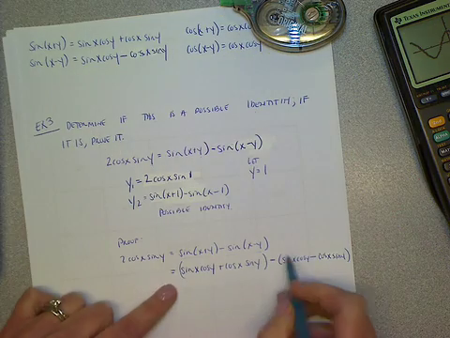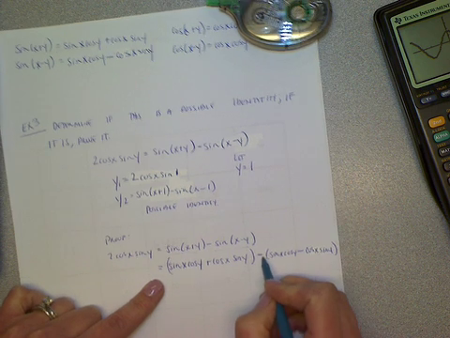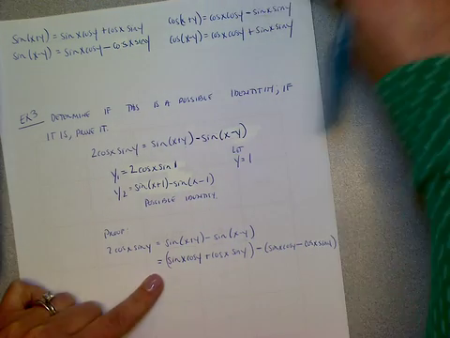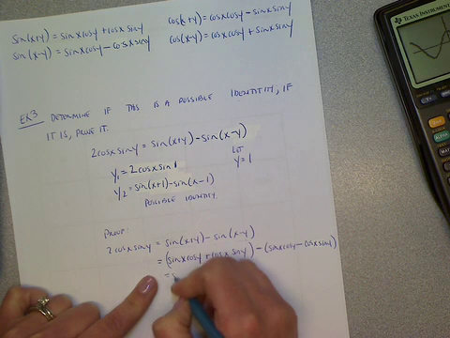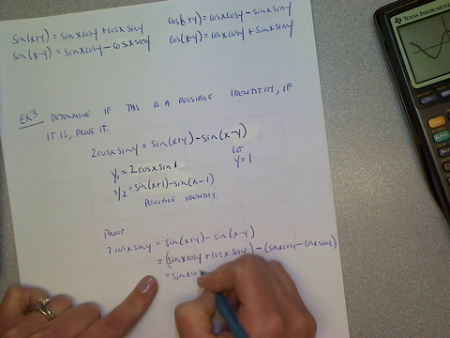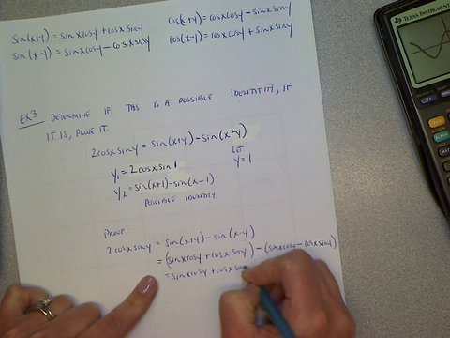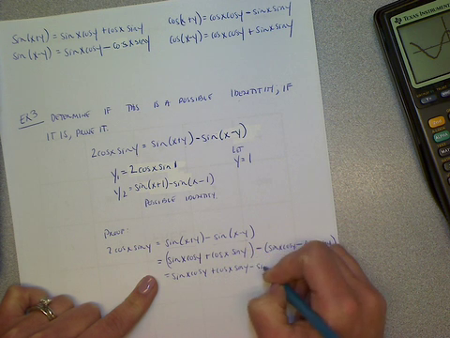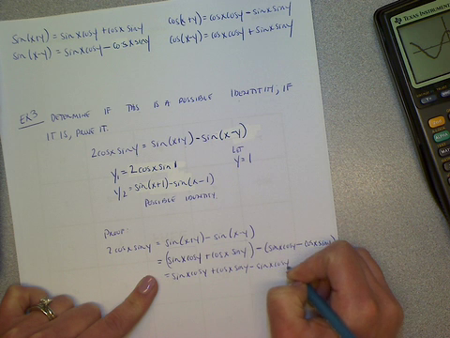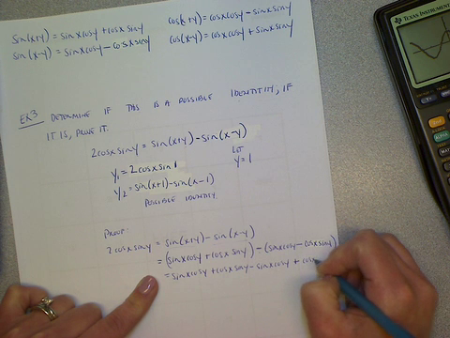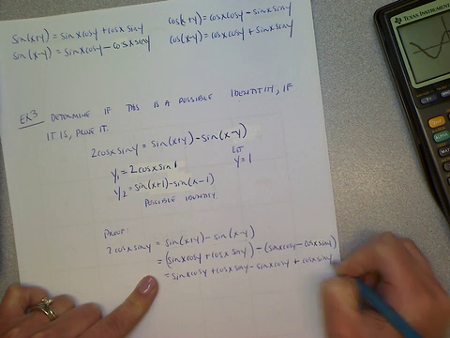So again, the thing to be careful about down here is the fact that we're subtracting this piece. So it becomes sine x cosine y plus cosine x sine y minus sine x cosine y, and then plus, because we're subtracting the minus, cosine x sine y.